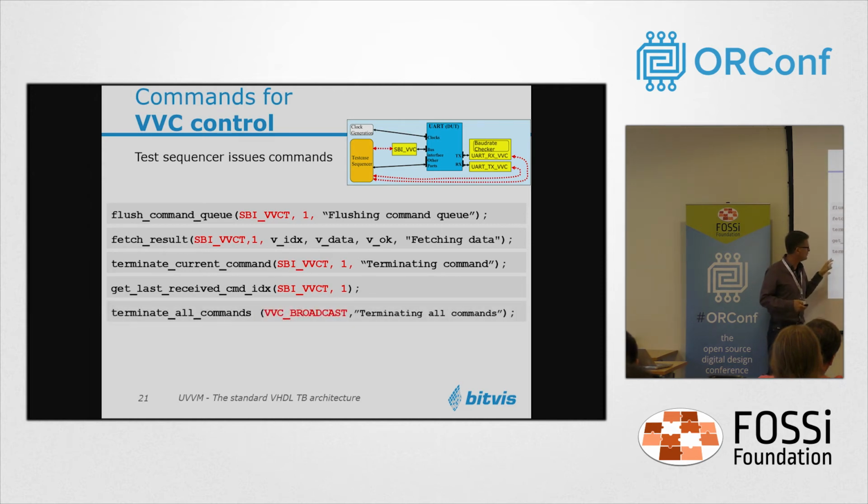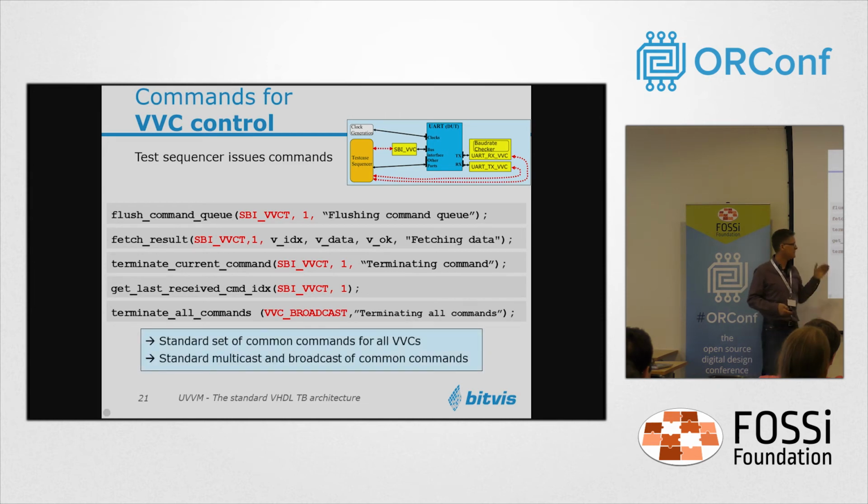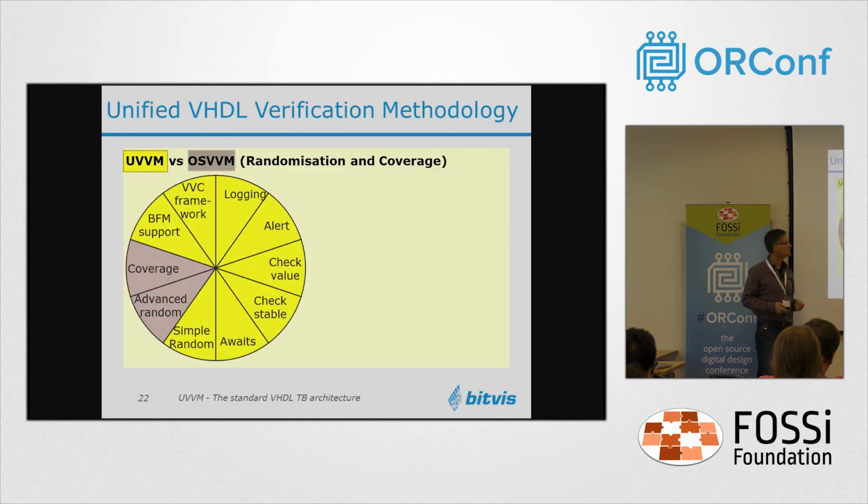And then you can also terminate all commands via, for instance, in this case, a broadcast. So in addition to the target specifications, you can also have a multicast and a broadcast. And these are common commands that can be used for any verification components. Standard set again, and a standard way of handling multicast and broadcast.